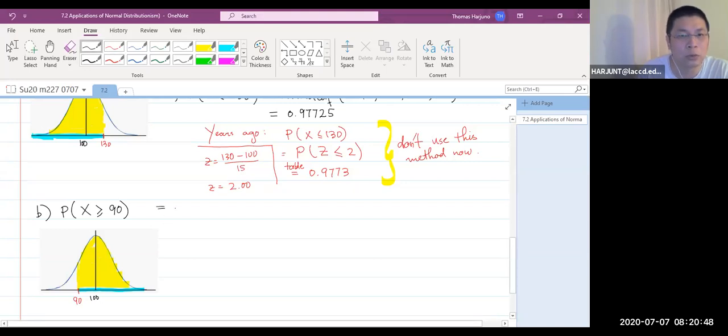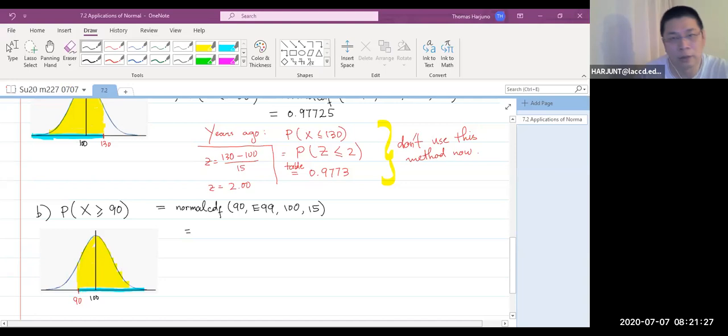This is equal to normal CDF, start from 90, ends at infinity, the mean is 100, the standard deviation is 15. Now, please help me compute that using the calculator. I don't need to use my calculator, just use those.